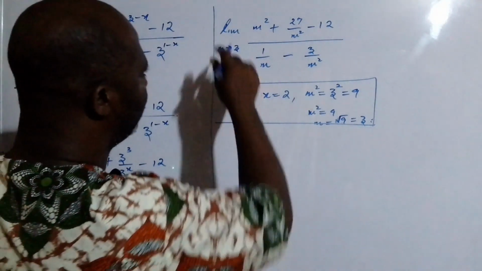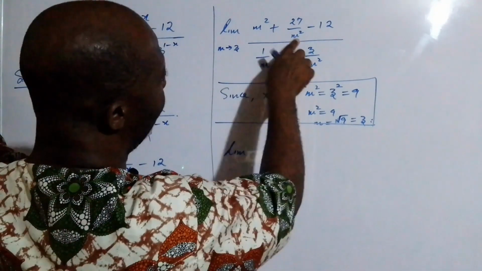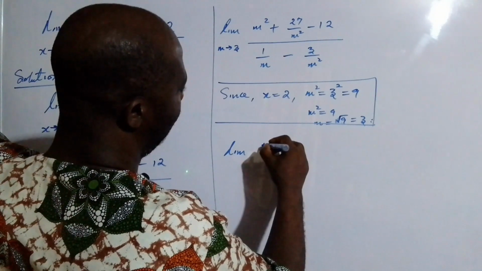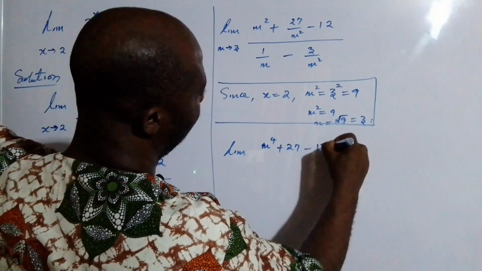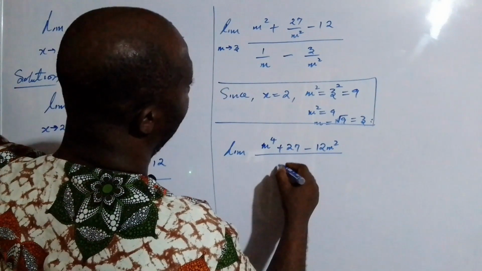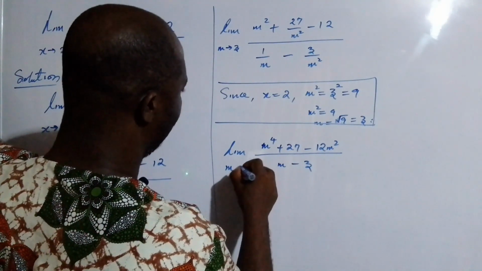So now, if we're resolving things at the numerator, since we have m squared here, the numerator now becomes m to the power of 4 plus 27 minus 12m squared, all over m minus 3, as m tends to 3.